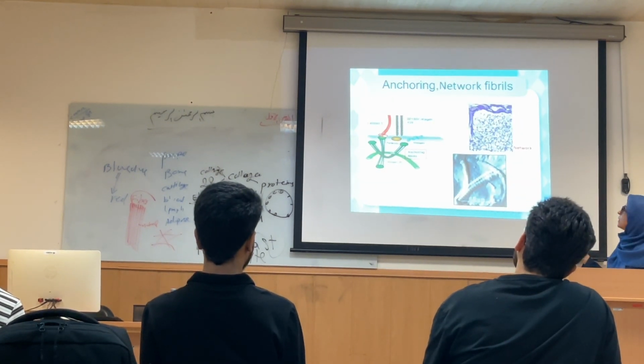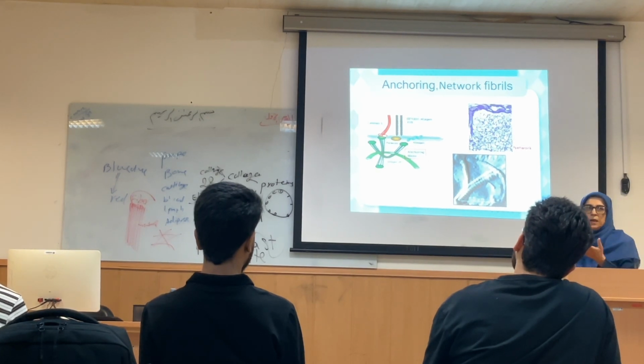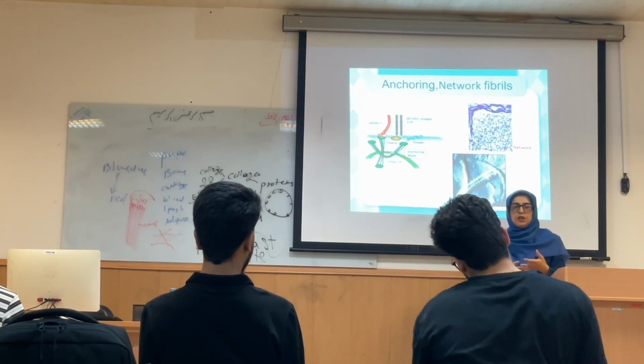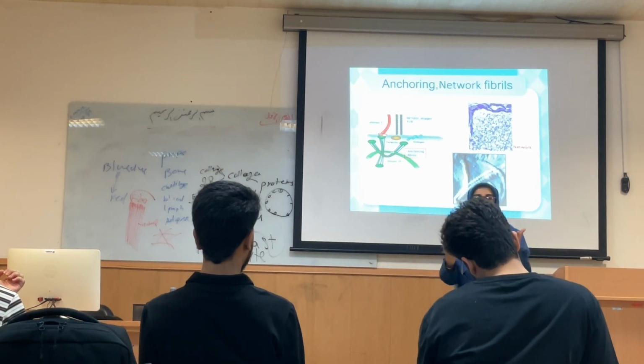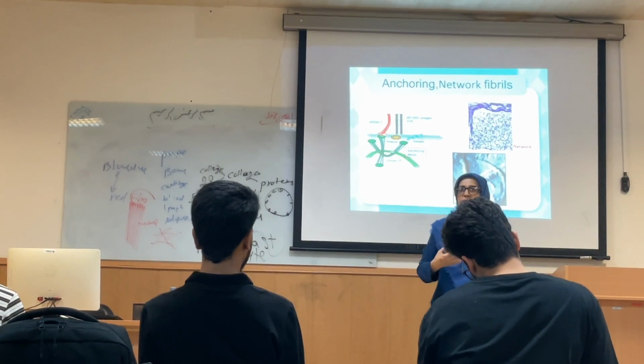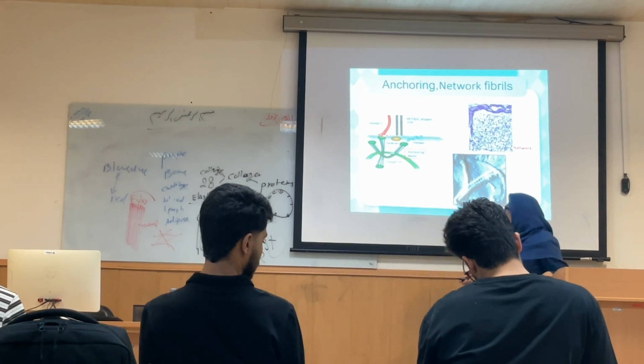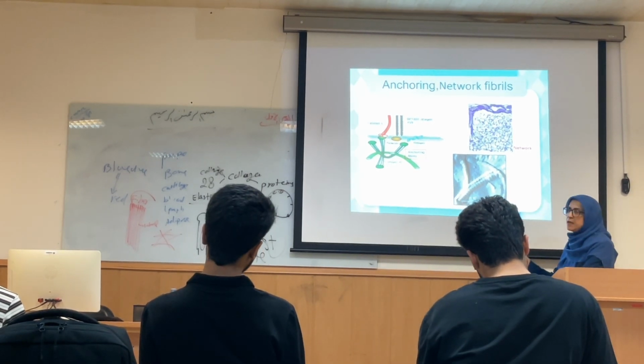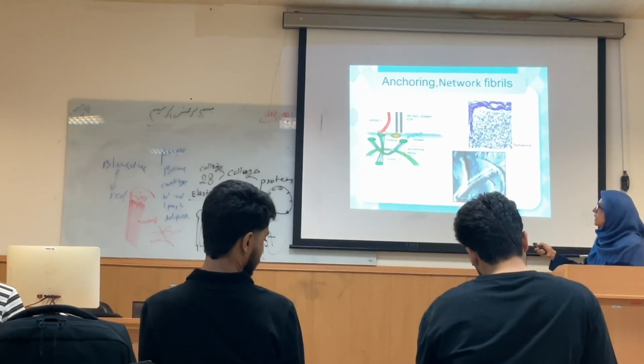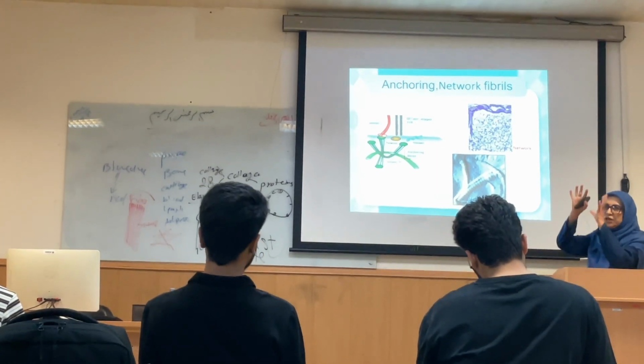Networks are located in different directions and form a framework for the other cells. Anchoring collagen type 7 forms the anchoring fibers, to which other fibers attach and anchor.